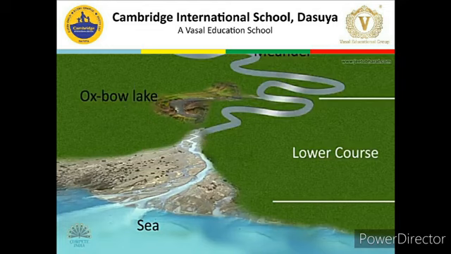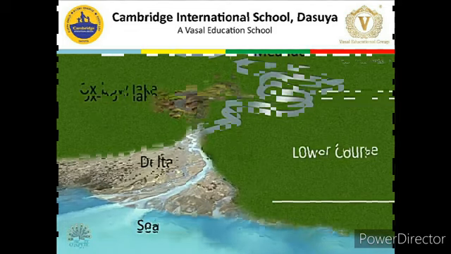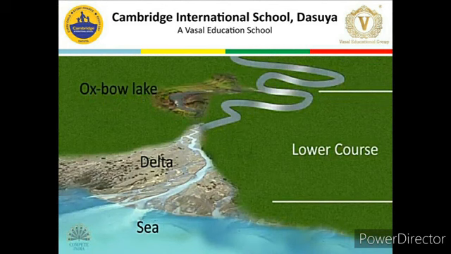You can see in the picture, Oxbow Lake is written where a U-shaped lake is formed out of a meander, and it may be separated or combined. The next very important feature of the lower course is the delta.